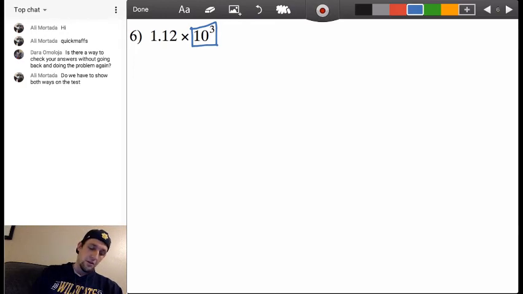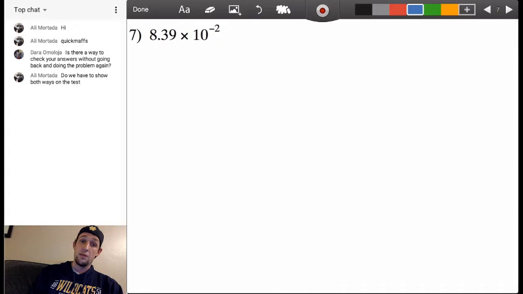So you're changing the place value, you're changing the place value, you're changing the place value. We get 1, 1, 2. Now, technically our decimal place is out here, and we kind of hopped one place value there, so what we do is we stick a 0 in there. So this should be 1,120.